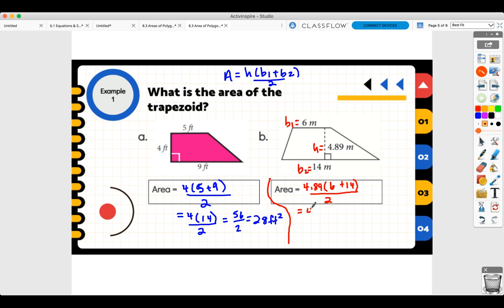So you're going to have 4.89 times 20 divided by 2. 4.89 times 20 is 97.8, divided by 2. And that gives you 48.9 meters squared. That's this one. And this is that one over here.